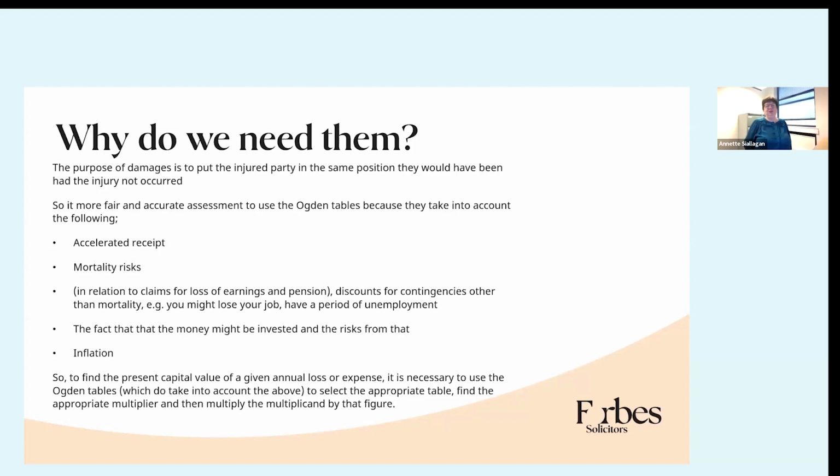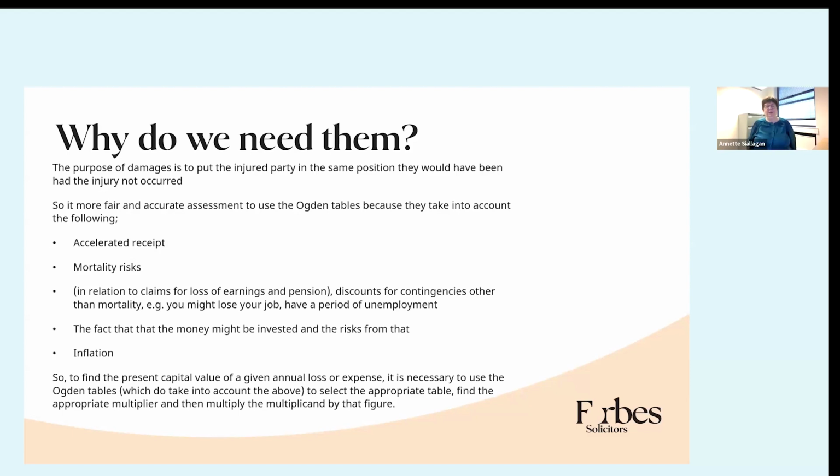So if you're just multiplying by the number of years before they retire, it wouldn't be accurate. It simply wouldn't, because when you get your compensation, it's assumed that you're going to invest the money, and there will be some kind of return.